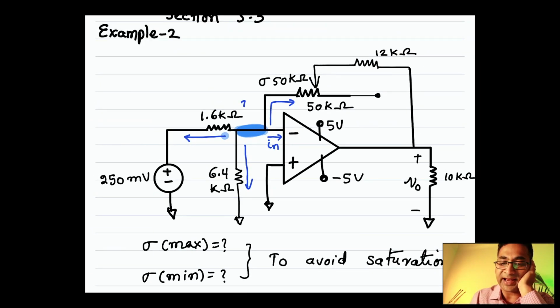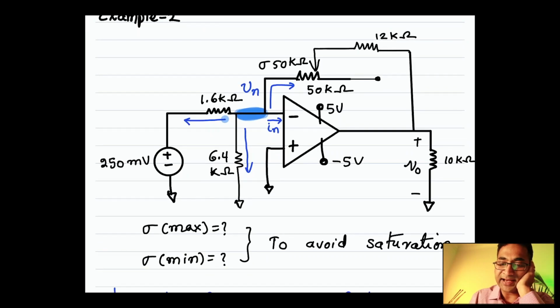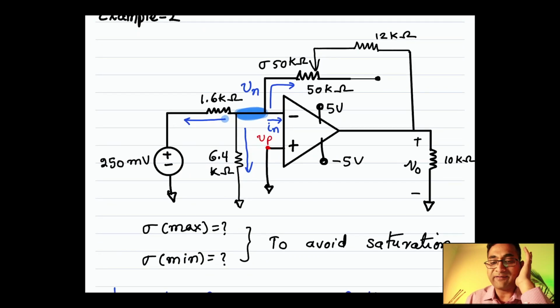So let's carefully write the expressions here. This is Vn, but remember, when you apply the rule, Vn is going to be the same as Vp, which is really 0. Okay, so I'm going to make some simplifications right here. In is 0. We can do that, or we can write it more formally. Let's just leave it as Vn for now.